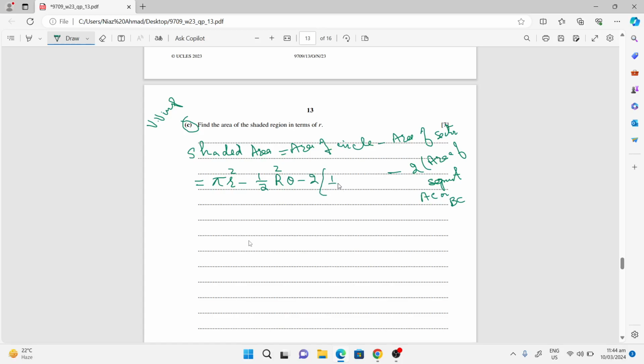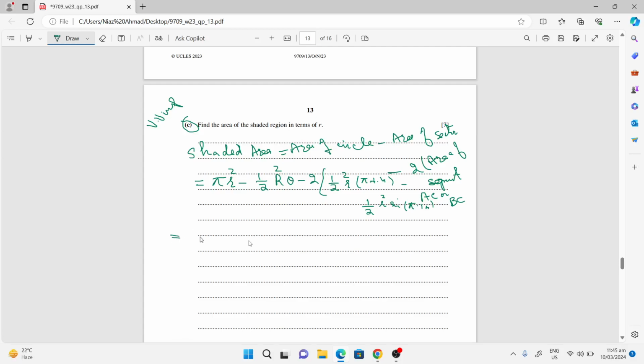This would be 1 over 2 r square theta, that is pi minus 1.4. We have already calculated this, pi minus 1.4. And then we have 2 triangles, that is 1 over 2 r square sine theta, and theta is pi minus 1.4.